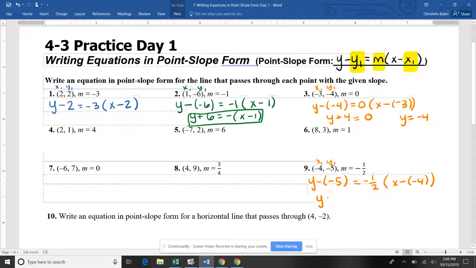So these double negatives turn into a positive, and these double negatives again also turn into a positive. When I have positives, I'm just going to leave them positive, like x1, y1. Y minus my y value is equal to m times the quantity x minus my x value. And I don't have to do anything when my ordered pair is positive.